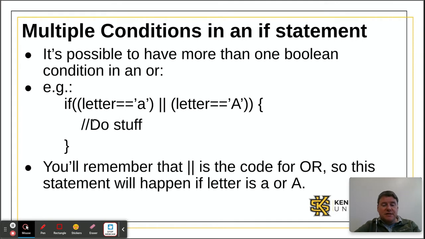This is a comment, and obviously there would be code in here telling it what to do. So remember that an or will happen if either one of these is true. And so this basically checks if they gave me a lowercase a or a capital A, then I'm going to do something. This is useful if you wanted something that was case insensitive, where the user might not know that they had to type in a capital A.